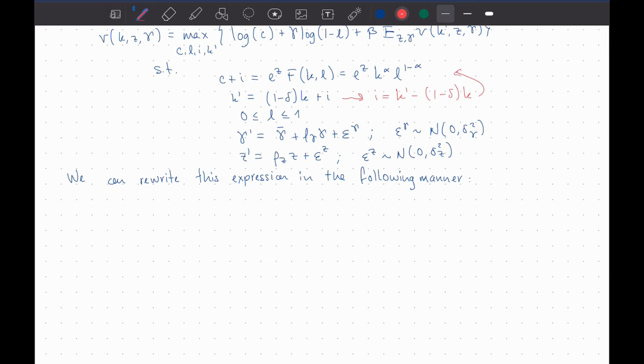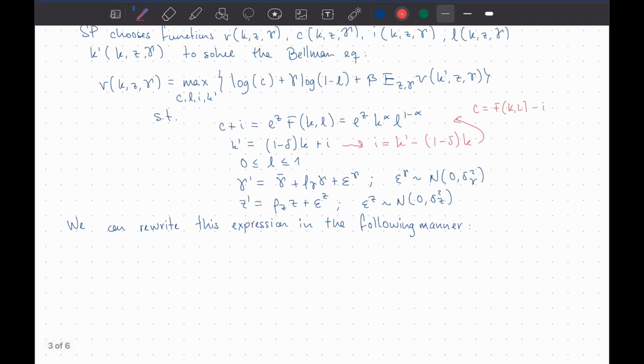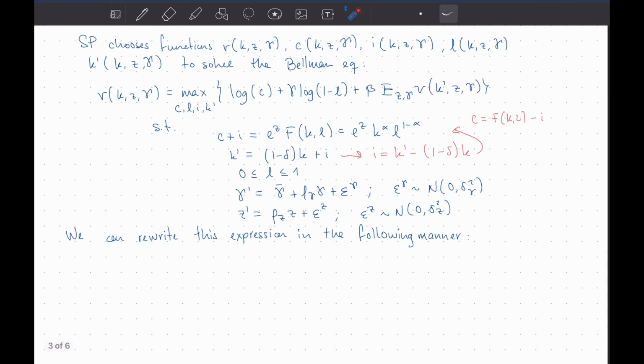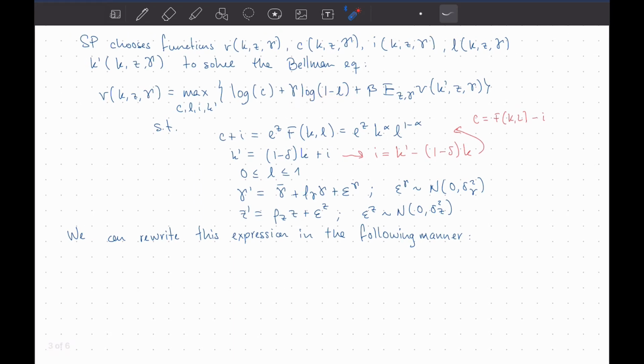Then consumption is just the production function F(K, L) minus investment, so we can plug this result in here. We have a problem here because this term only accounts for L, so we have to actually solve for leisure. So great, let's do this.